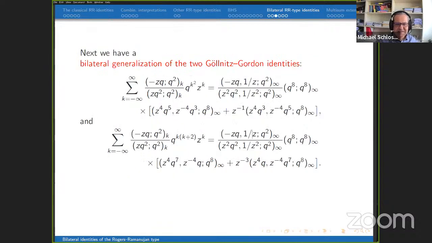Okay. Similarly, we can do it with the Göllnitz-Gordon identities. We're getting these identities now with the extra parameter z, like a formal Laurent series parameter z. And again, if z goes to 1, we recover the classical Göllnitz-Gordon identities.